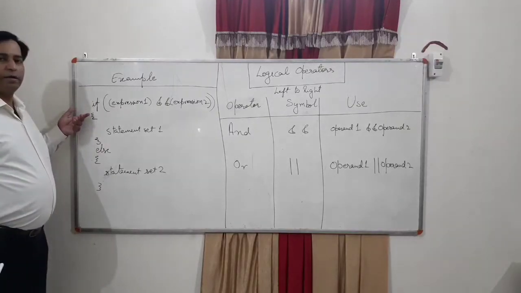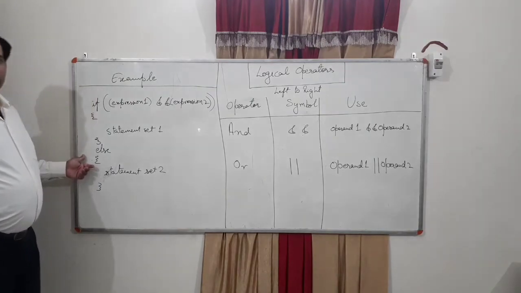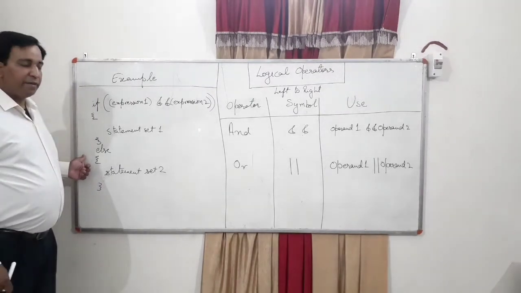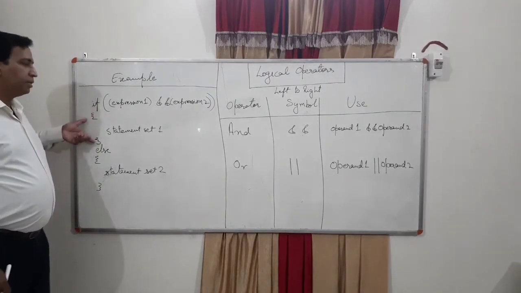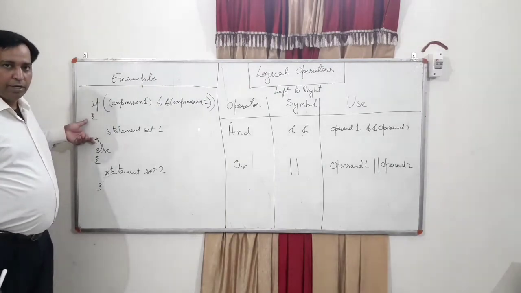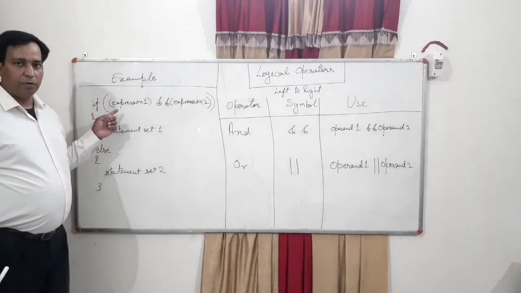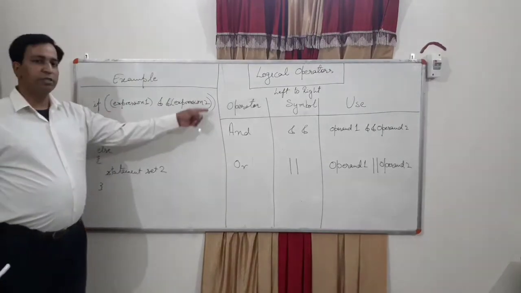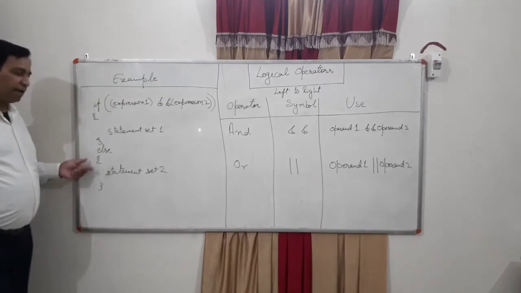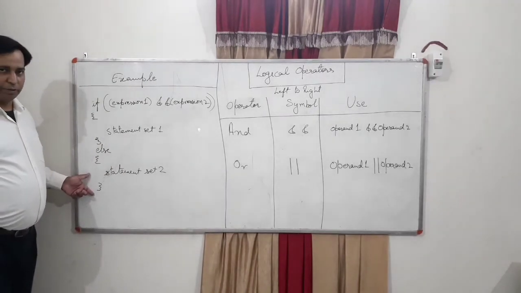Let's have a look at this if-else statement. If you remember, I have explained that the if segment will be executed if the expression gives you a non-zero value. If it is a zero value expression, then the else segment will be executed.